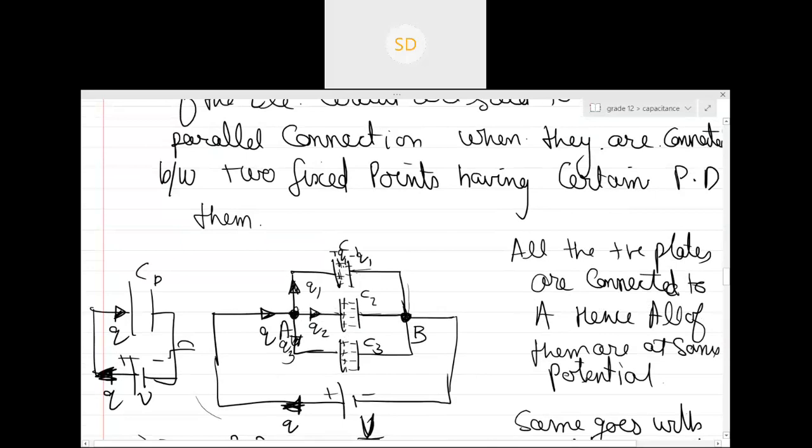Shall I draw it a little more distinctly? Is this fine? You will be able to do it. Look at my calculator now.